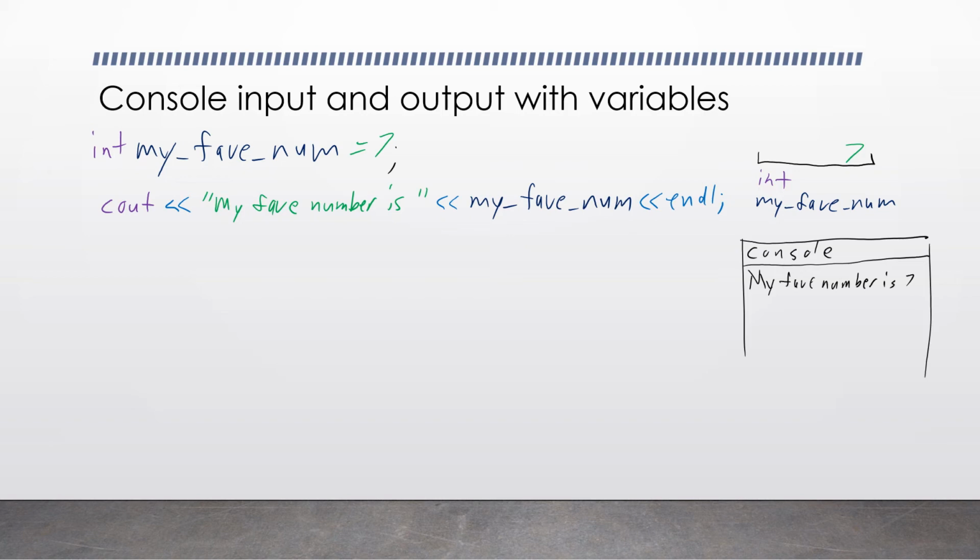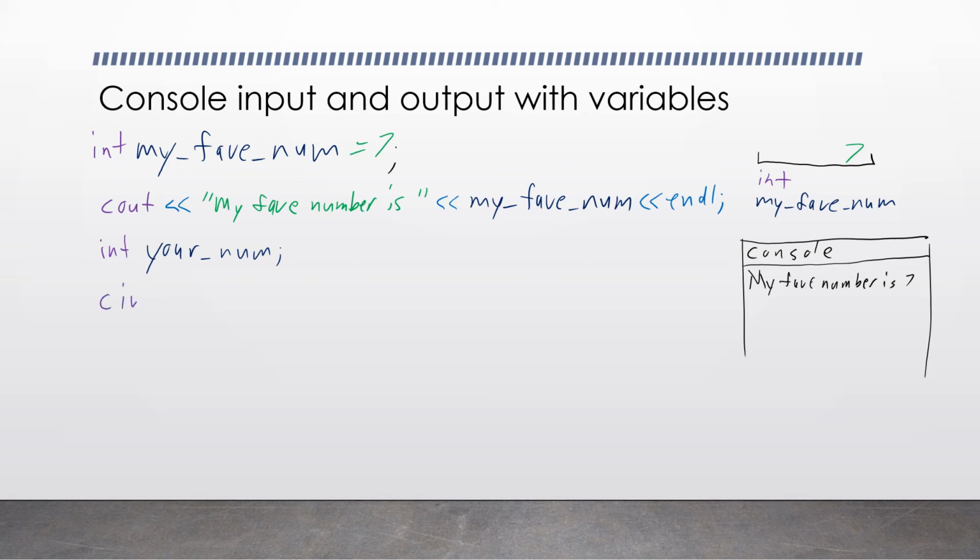We could try to read in a new number. So we have to declare the variable before we use it. Int yournum. And this time we cannot initialize it because we're about to read in a value for it.